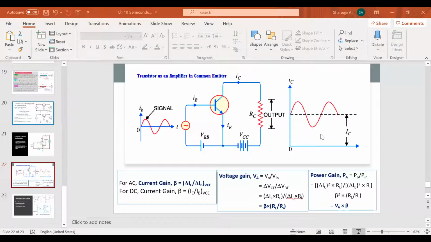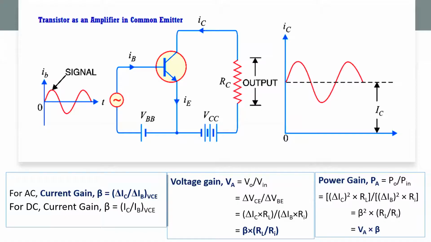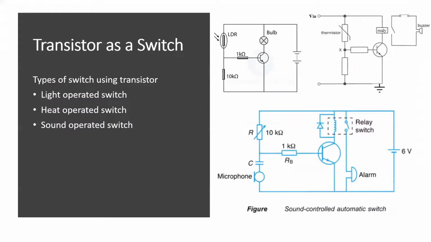So let us again go and see our PowerPoint. I want to discuss one more point with you, how we can use a transistor as a switch. And for transistor as a switch, again, we will use the common emitter configuration. When you use a transistor as a switch, it's a special kind of switch.